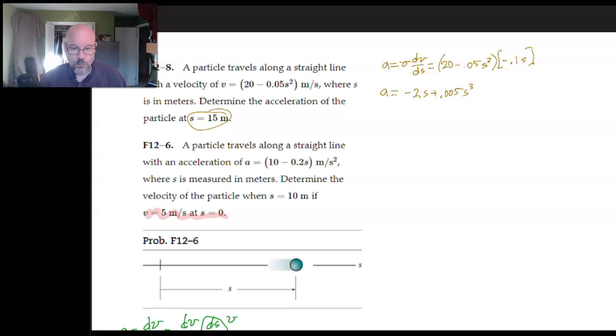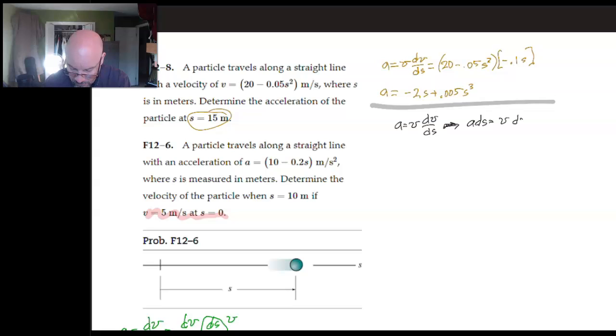So let's do this. If a is v dv/ds, then we can rearrange that to get a ds is v dv. And then we integrate both sides.